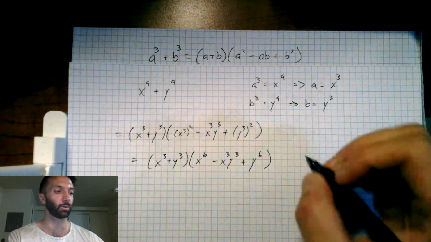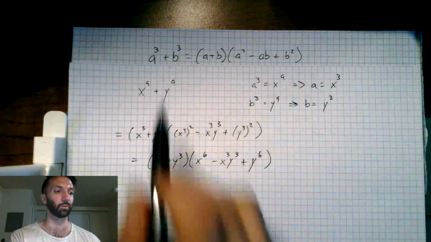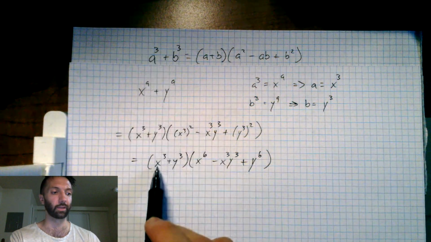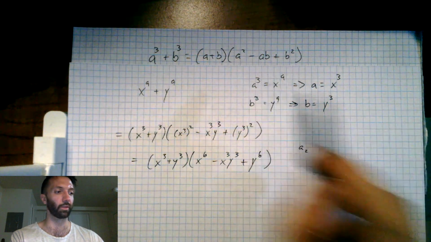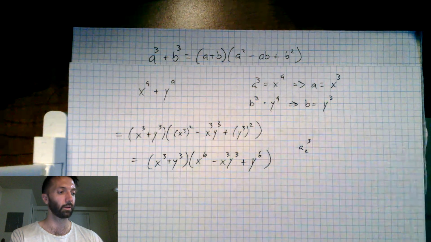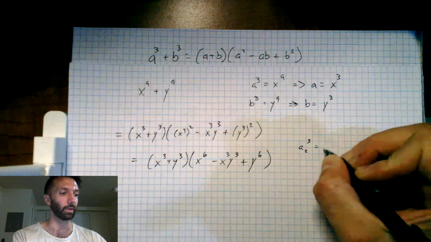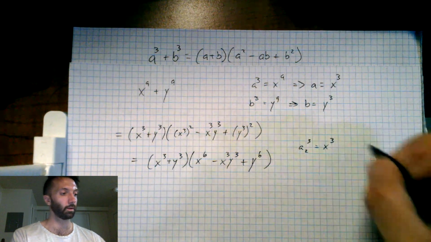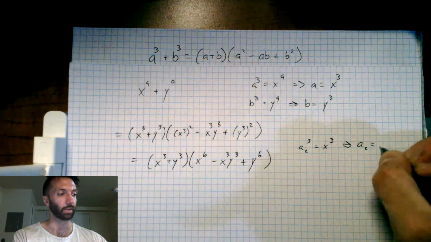So what we're going to do is, again, decide what a and b are. Thankfully, this is pretty simple. So again, a to the 3rd, in this case, is x to the 3rd. Maybe we'll call this a sub 2, since we called that a. So a sub 2 to the 3rd is going to be x to the 3rd, which would make a sub 2 equal to x, right?